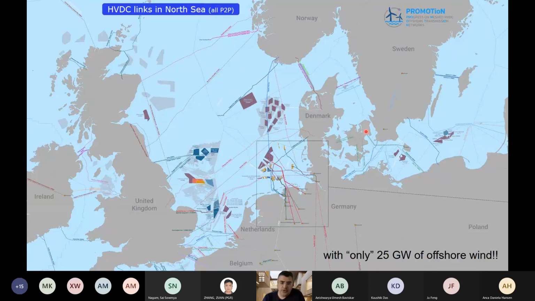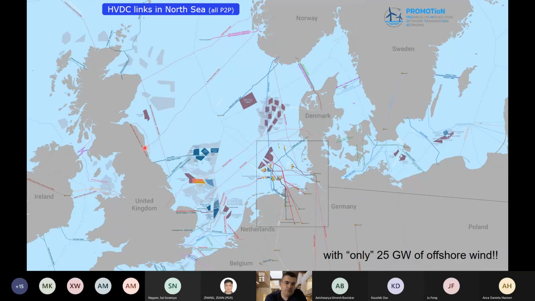We already have quite a number of HVDC connections in the North Sea. This is a bit of a complex graph, but I think it's nice because it actually shows all the HVDC connections which are existing or planned in the North and the Baltic, in the northern seas. And very quickly, what we can notice here is that all of them are point-to-point.